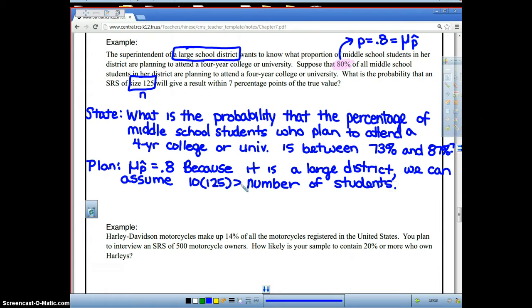Okay, doing this 10% condition enables me to find my standard deviation.